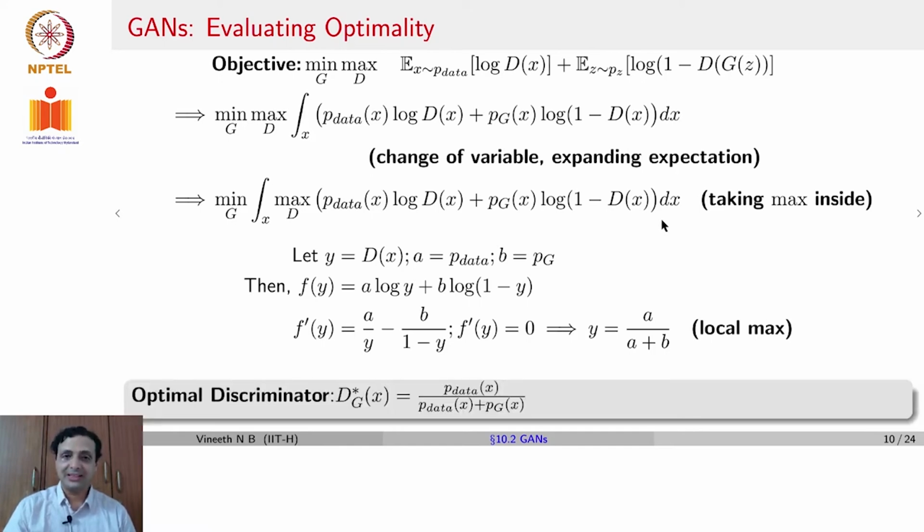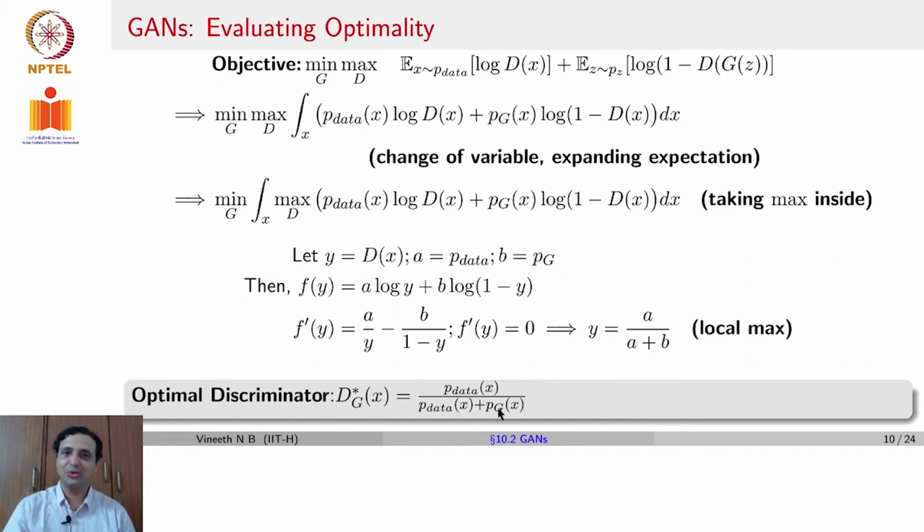For a given x, the optimal discriminator's output will be p data of x by p data of x plus p g of x. Let's keep this in mind and continue to look at the objective. So that's the optimal discriminator.